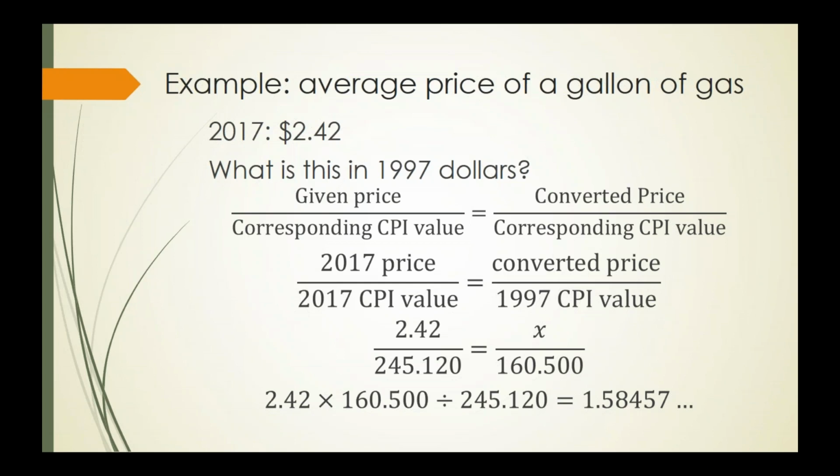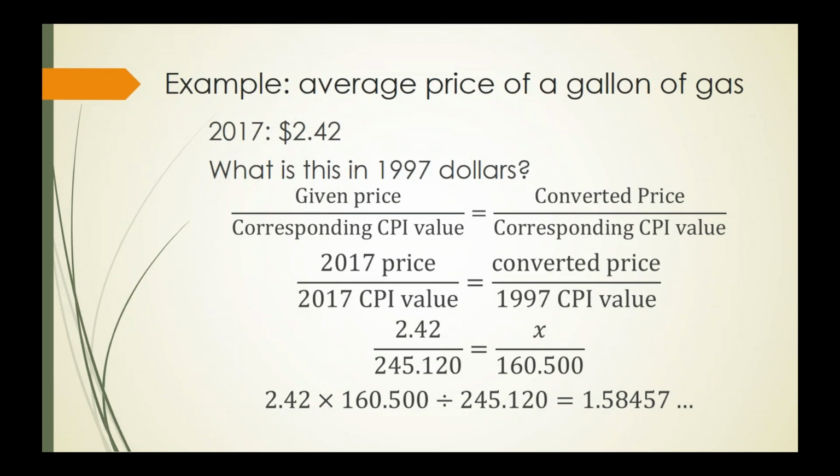We solve this type of problem by setting up a proportion. We take the given price over its corresponding CPI value, set equal to the converted price over its corresponding CPI value. In this case, we have the 2017 price over the 2017 CPI value is going to equal our unknown, the converted price, over the 1997 CPI value.